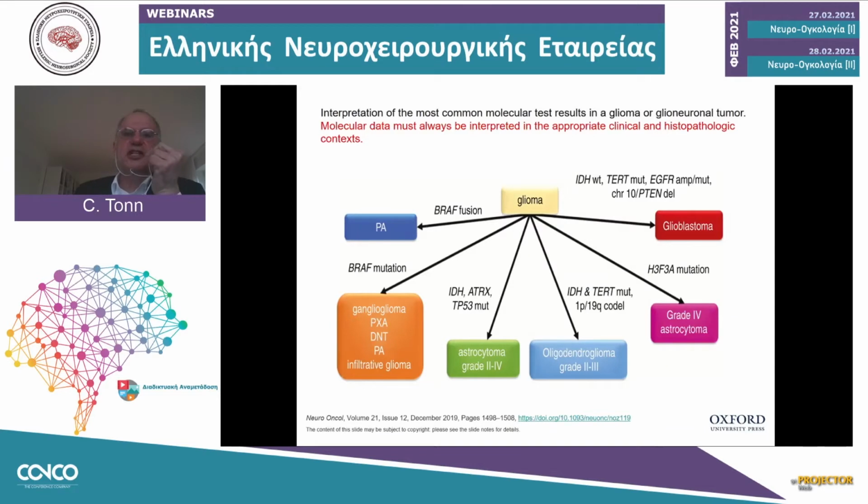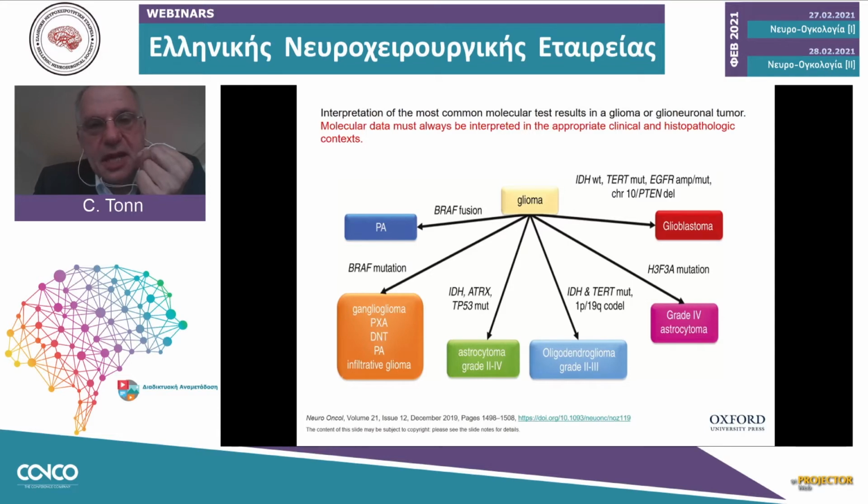So a number of genes turned out in the later phases, which were also related to the fate of patients with a glioma or glioneuronal tumor. And this is a very important sentence. Molecular data must always be interpreted in the appropriate clinical and histopathology context.